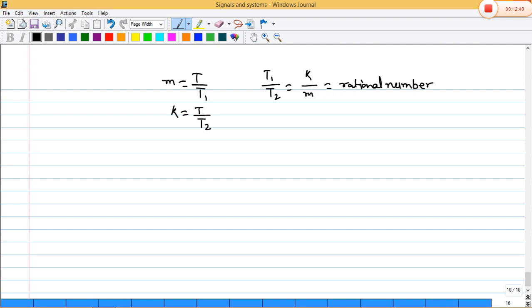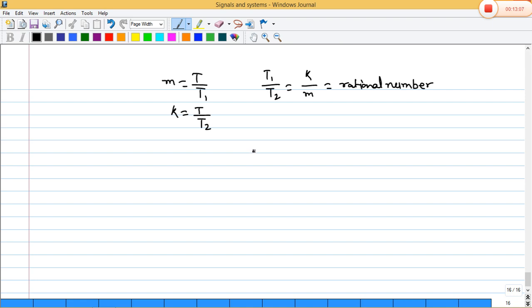Okay, so from here I have seen one thing: if two periodic signals are added, then we can find the time period of the signal.